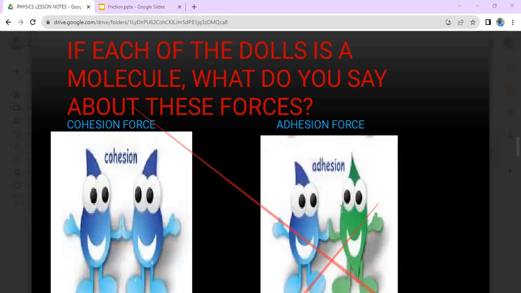Senegal Austin in the chat says that the dolls in cohesion are the same color. Then Faith says that the dolls in cohesion are the same, while the ones in adhesion are different. Cindy says that the dolls in cohesion are alike, yet those in adhesion are unlike. Okay, thank you for those answers that you have put in the chat.